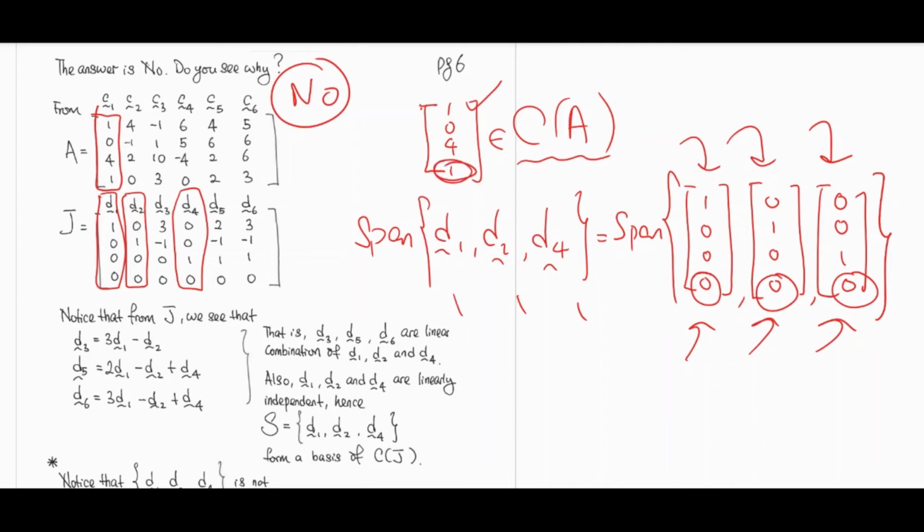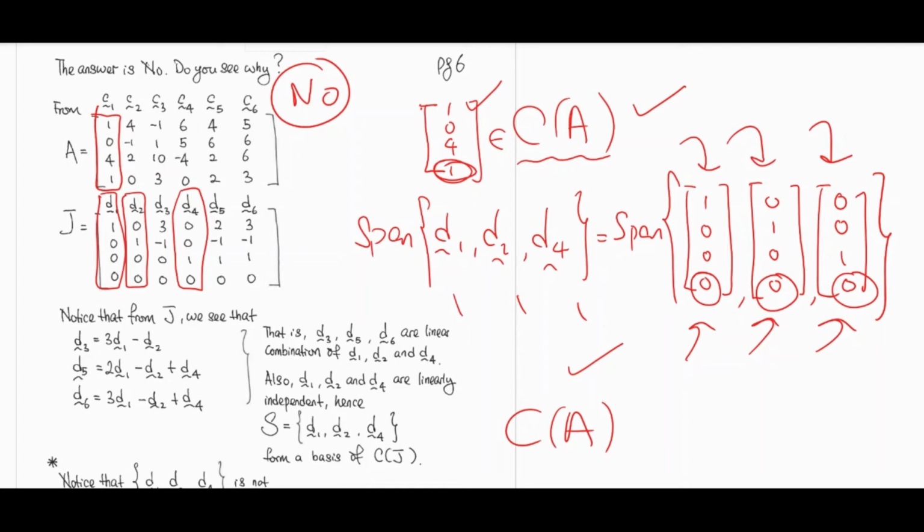So there's just no way to get this vector. So you have a vector that's in the column space of A, but it's not in the span. So the column space of A and the span of these 3 vectors are actually different.